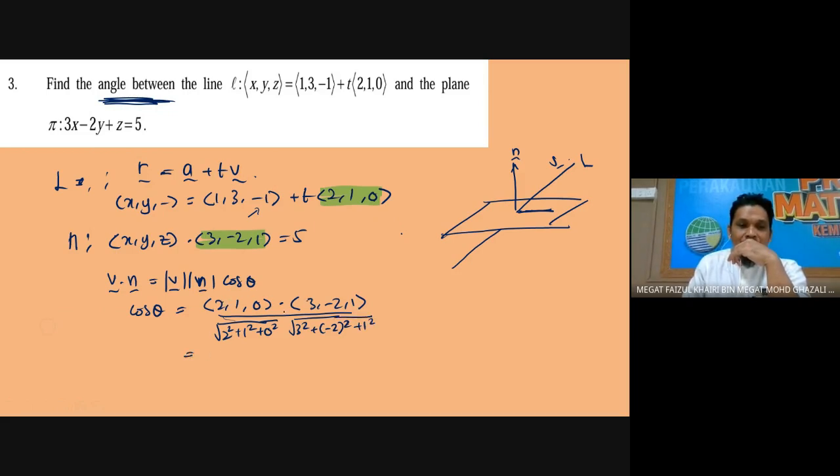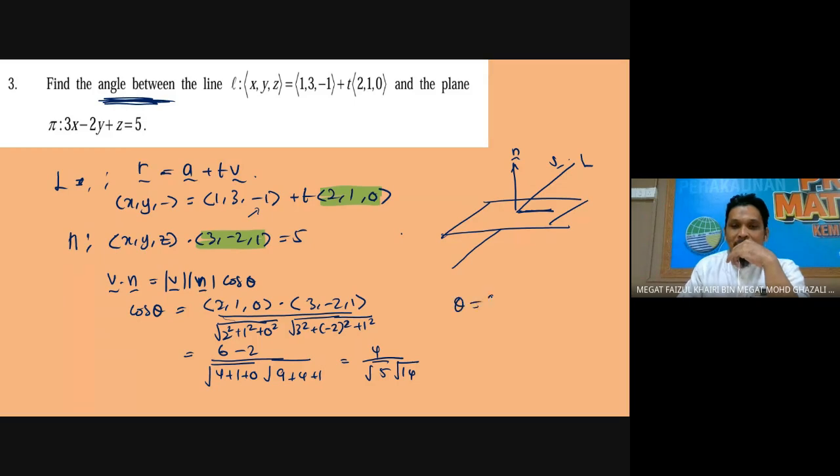So 2 times 3 equals 6. 1 times -2 is minus 2. 0 times 1 equals 0. The square root of 4 plus 1 plus 0, and another one here, 9 plus 4 plus 1. 6 minus 2 equals 4. Square root of 5, square root of 14.